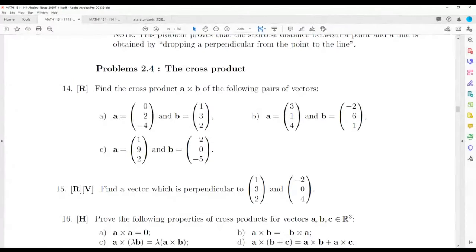Okay, so let's go back to the question. Okay, so I'm going to do part A. So you've got two vectors and you just want to find their cross product. We already know what it's going to look like from GeoGebra and maybe from Desmos too. Okay, so let's do it.